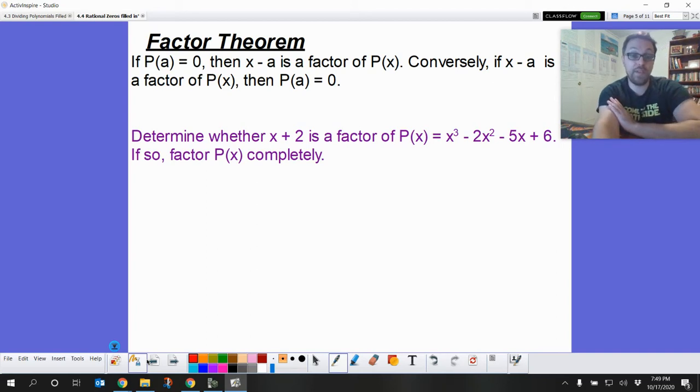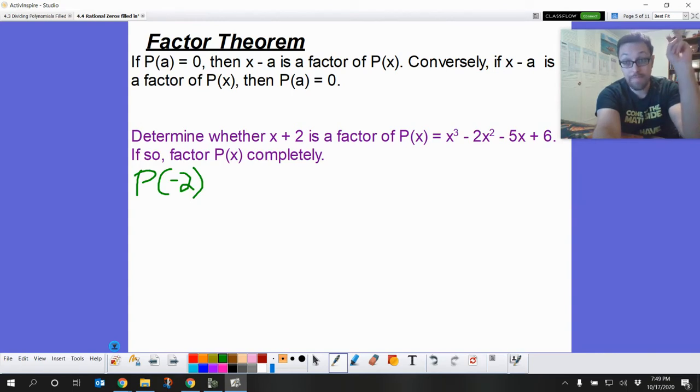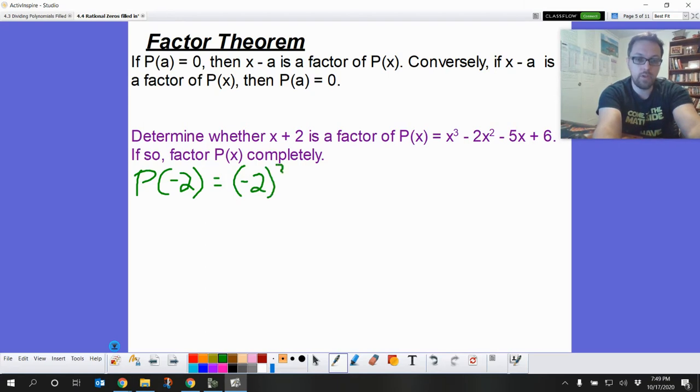So I want to determine if x plus 2 is a factor. I can check that by plugging in negative 2. I want to plug in the maybe 0. I don't want to plug in the factor. So I do negative 2 cubed minus 2 times negative 2 squared minus 5 times negative 2 plus 6.